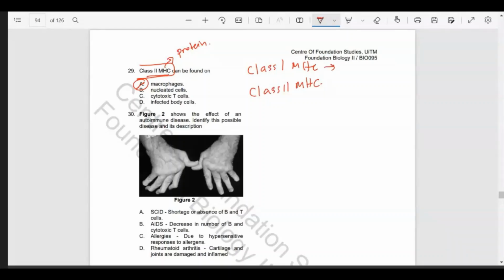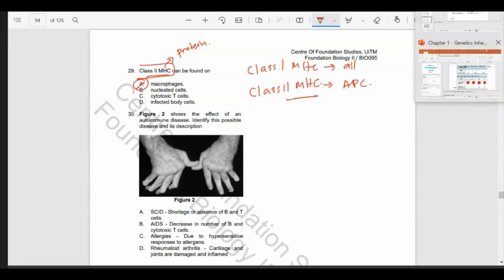MHC class 1 is produced by all nucleated cells, all cells that have a nucleus. For MHC class 2, phagocytes engulf the pathogen, and the phagocyte becomes an APC, antigen presenting cell. So the antigen molecule will be presented by a macrophage, for example, using class 2.